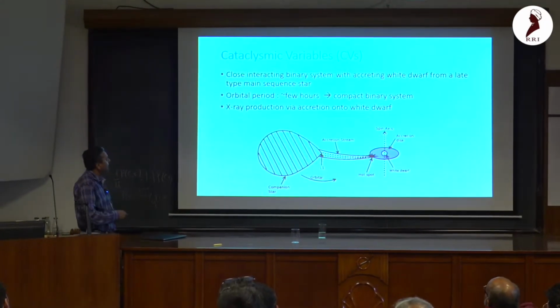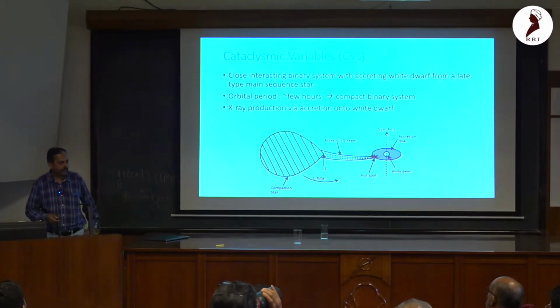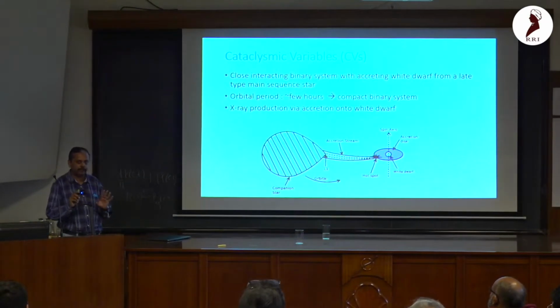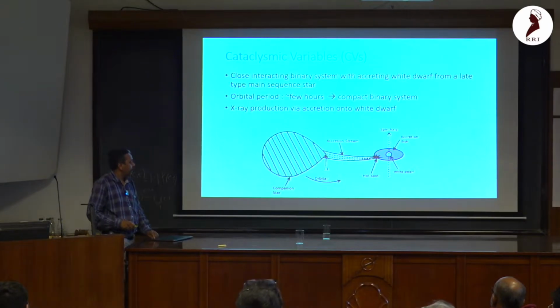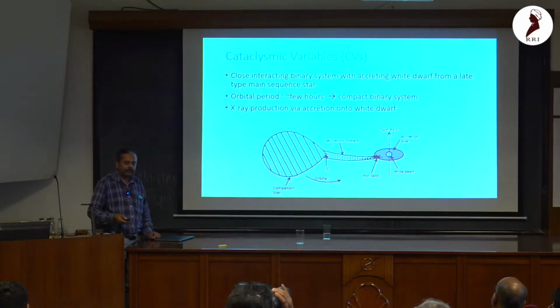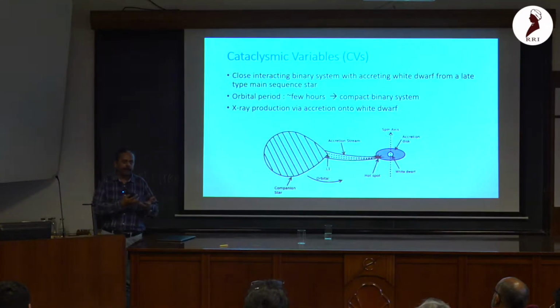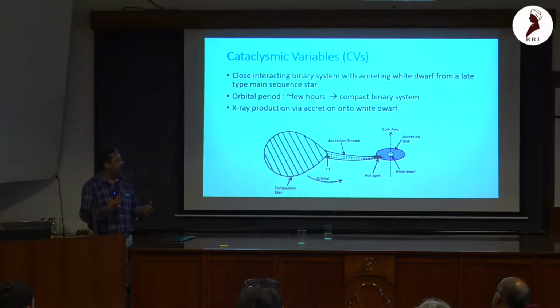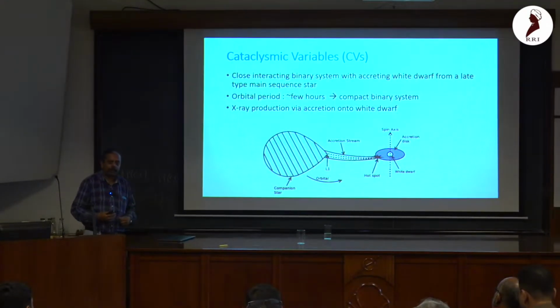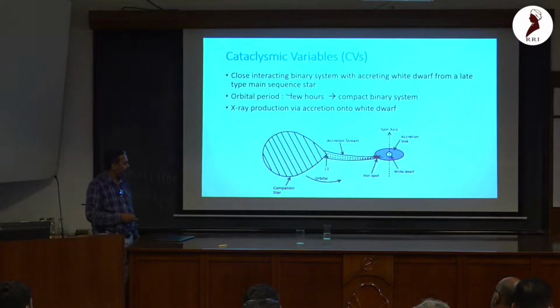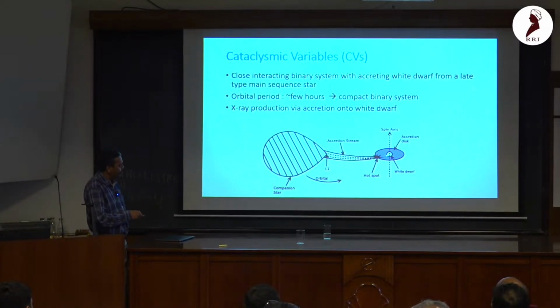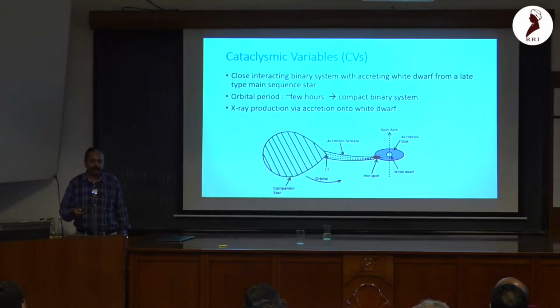Okay, so what are these cataclysmic variables? These are again very interesting binary systems, and in the morning, as Vishwit mentioned, there are two stars. One is a compact object, one is a secondary star, and the accretion material is coming from one star to another, and they are moving around their common center of mass. So here, if you replace that neutron star with a white dwarf, another compact object, then it forms a cataclysmic variable star.